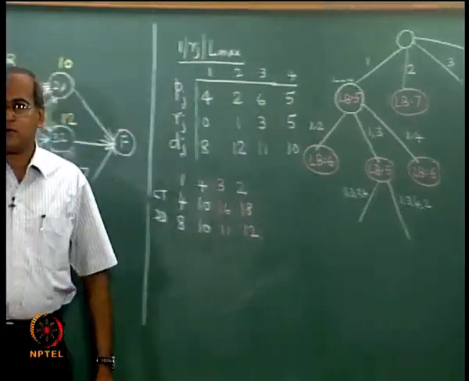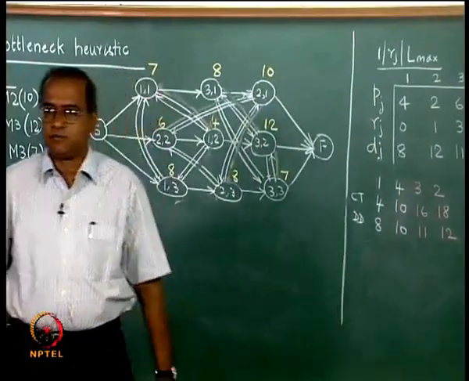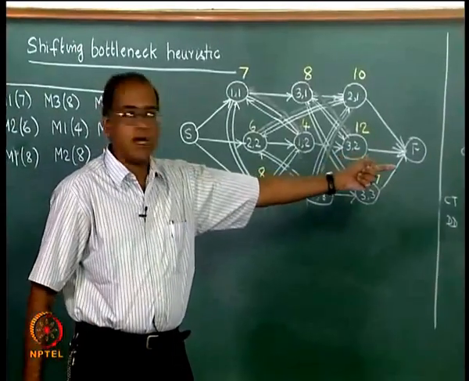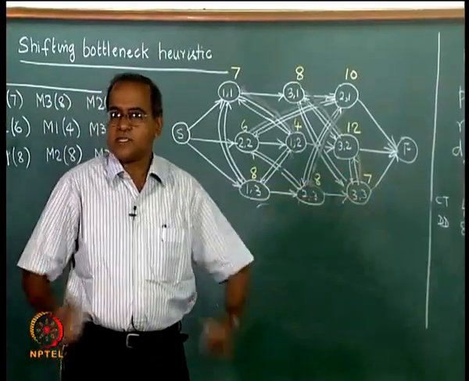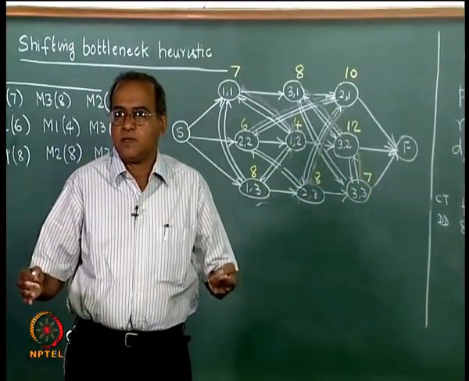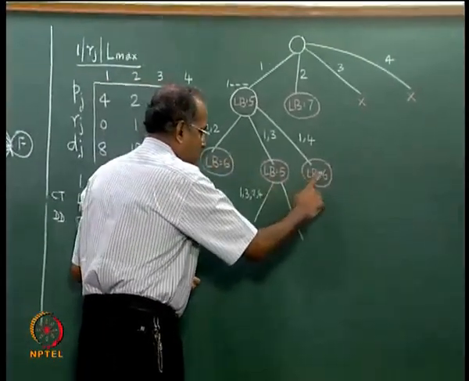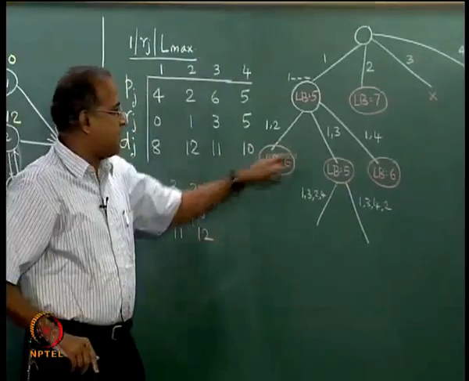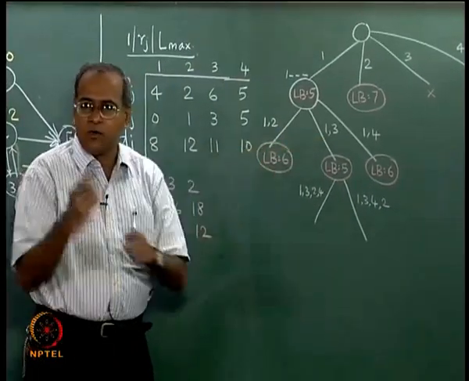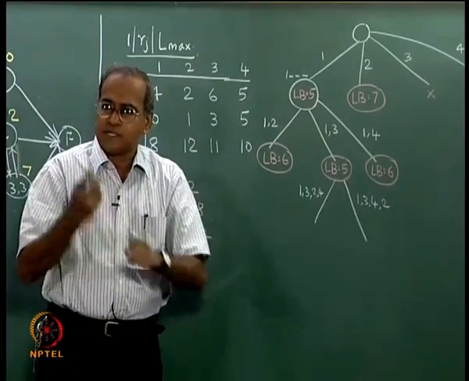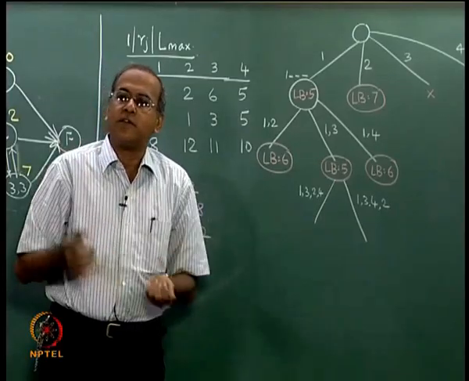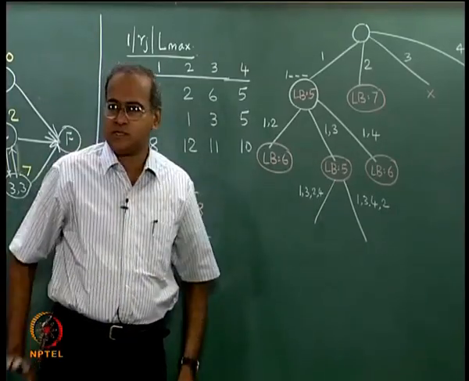These are the two sequences that I can think of, because there are only 2 more jobs remaining. So these are feasible sequences. In general one would say even here we need not have evaluated this lower bound. We could have straight away said at 1 3 there are only 2 more jobs remaining, which can be fixed in 2 ways. So we could create 2 more sequences.